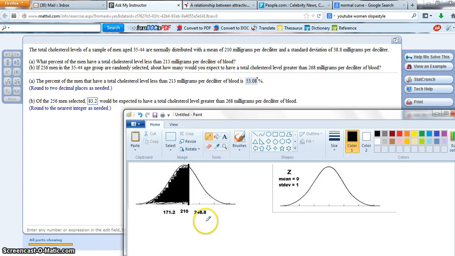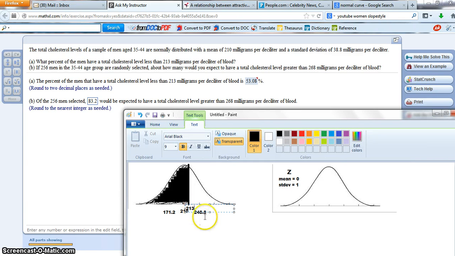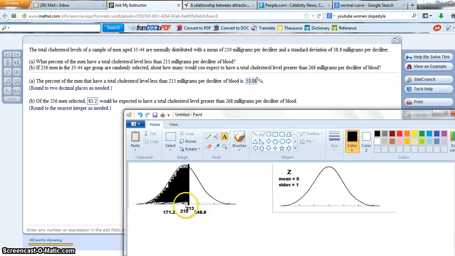Okay. Now, in order to find that area, I need to convert the 213, that's my cutoff over here, into a z-score, because I'm going to use the z-scores of my lower limit, which is here negative infinity, and my upper limit of 213 to map this onto a standard normal distribution so that I can use that to find the proportion that would be below 213.